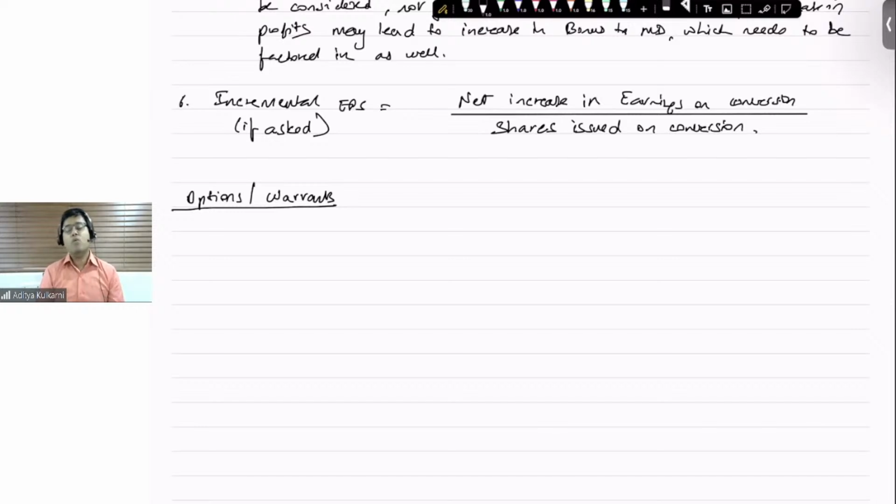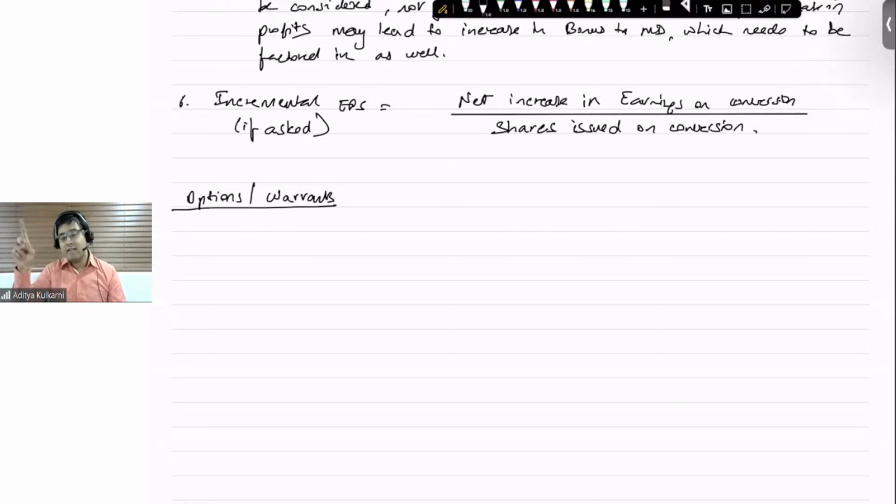And therefore, shares without consideration is nothing but bonus shares. Is it okay? Yes. So that is how you will proceed. And those are the potential shares which we will be considering for the purpose of diluted EPS.